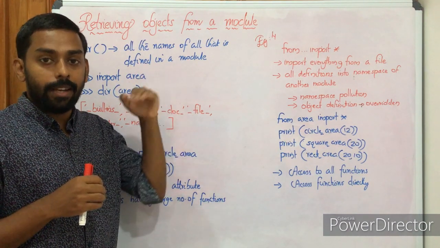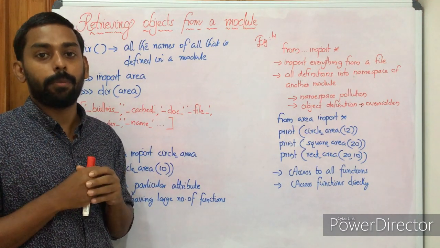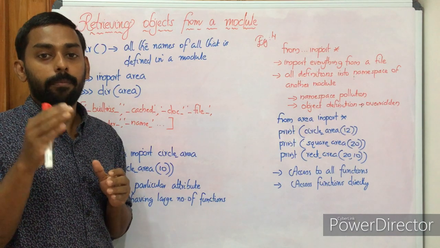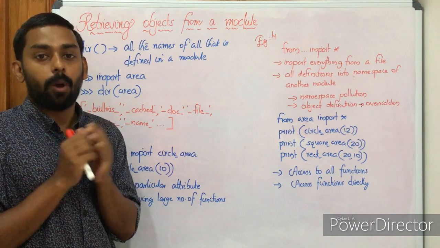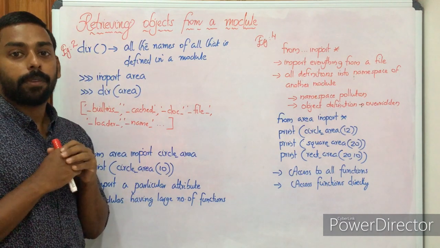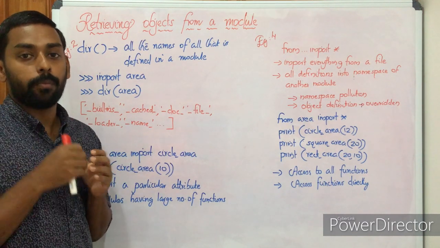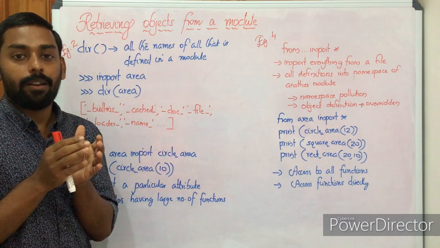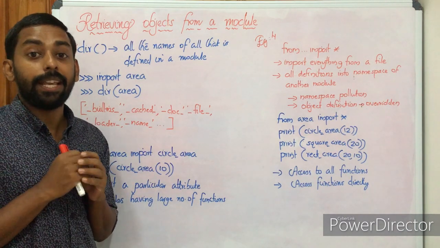So in this session we are going to look at the other implementations. We have two more implementations using from import and import star, right? We're going to look at these two topics in detail, and before that we have another topic, retrieving objects from a module. Retrieving objects from a module means we can list all the objects present in a module, and we have a function named dir.